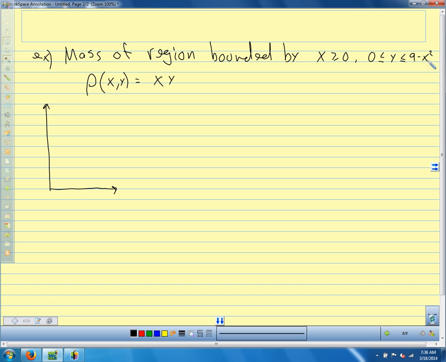Upside down parabola? So something like that, right? And x is greater than or equal to 0. So this is our region.